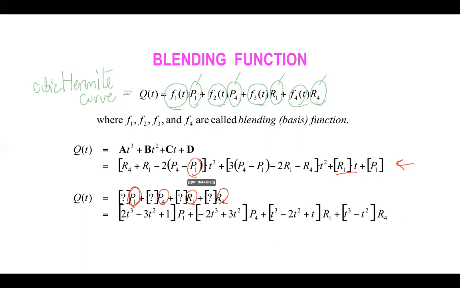What is the coefficient of P1? Minus 2 multiplied by minus P1, so you get 2P1 t^3. But we want to write P1 with the factor outside of the parentheses, so to make it equate, 2t^3 will be here.